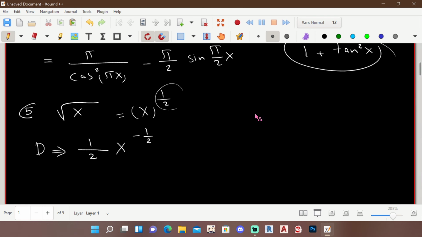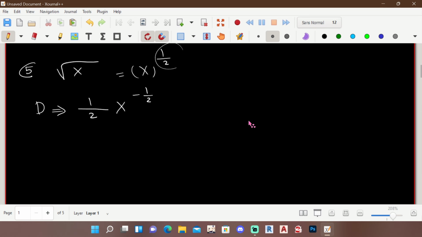And when we've got minus in the power, it means that you can just move it to the denominator and make it plus instead. So it's the same as saying that we've got 2x to the power of half, and this is the square root of x.